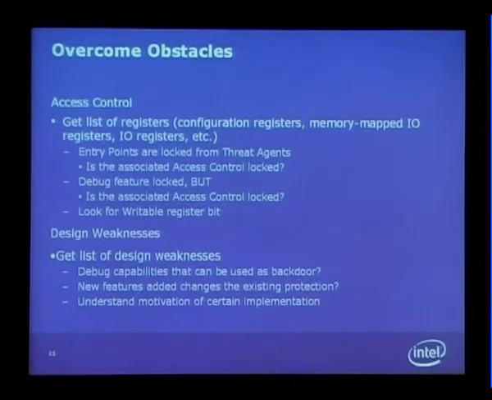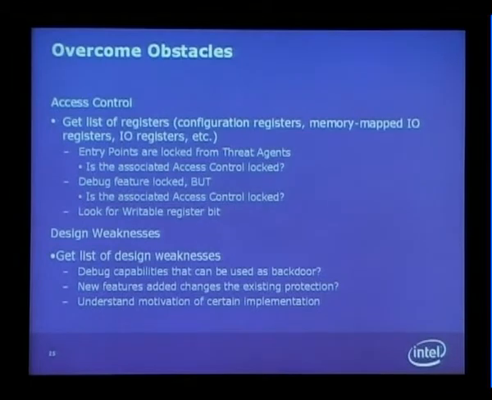Normally, the entry points from the track agent are blocked. The design will block it because the architect and the designer are not stupid. They know these are the areas that an attacker can get access to, so they will block it.